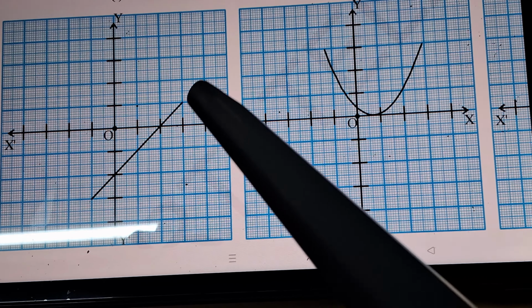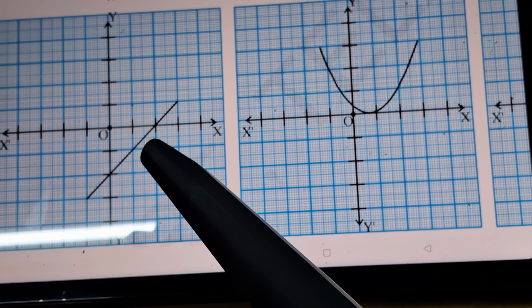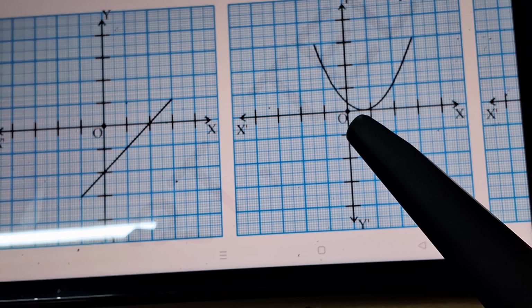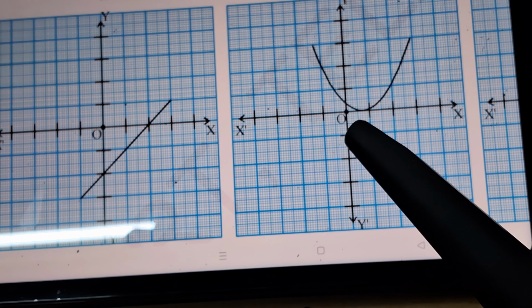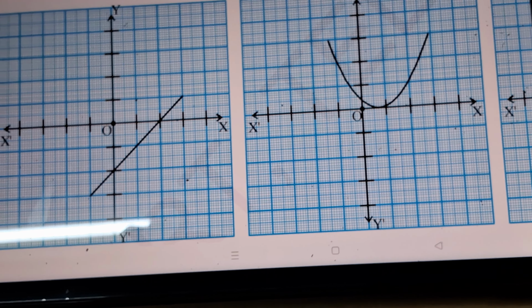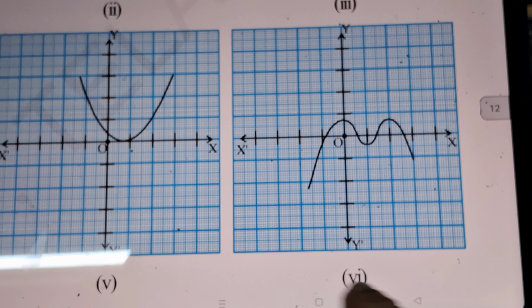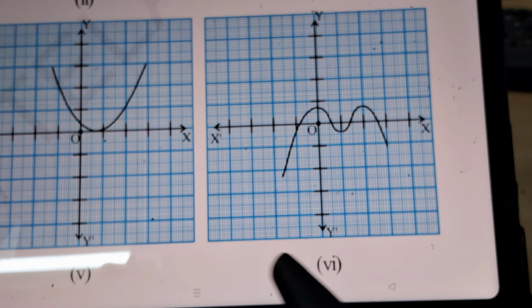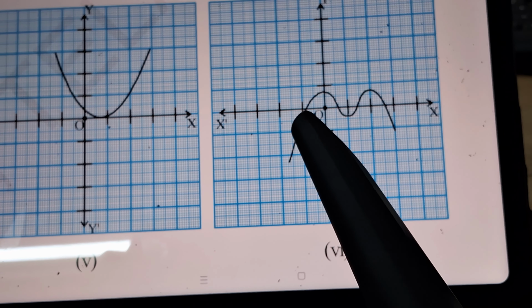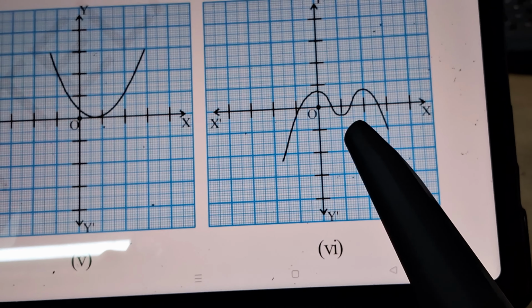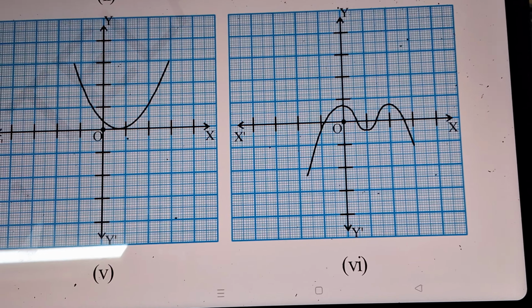This line is intersecting the x-axis at only 1 point. So the solution is 1. Here the parabola is intersecting the x-axis at only 1 point. So it is also having only one solution. And this one, if you see, is intersecting the x-axis at 1, 2, 3, 4. So these are 4 points.